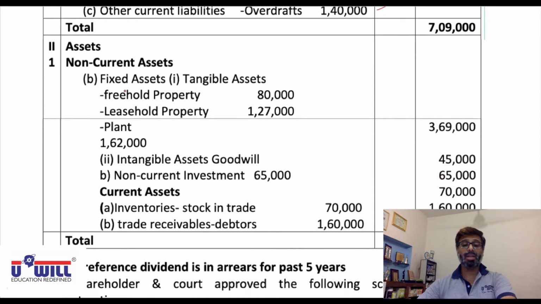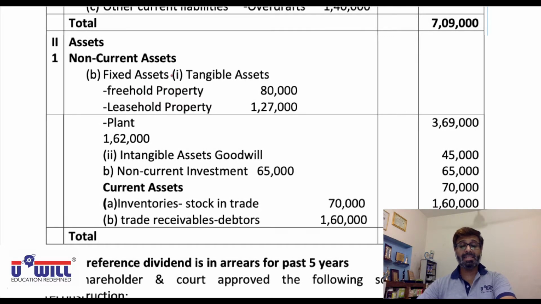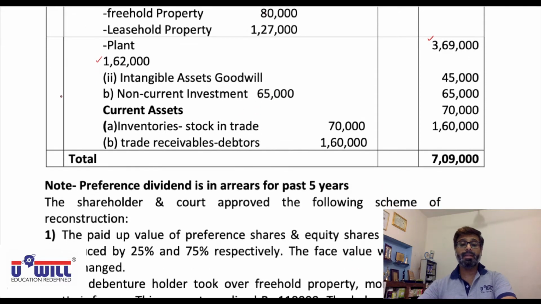Now assets. Non-current assets, fixed assets, in that tangible assets: freehold property 80,000, leasehold property 1,20,000, plant 1,62,000. 80,000 plus 1,20,000 plus 1,62,000 is 3,69,000. Then intangible assets have goodwill of 45,000. Then non-current investments have 65,000.